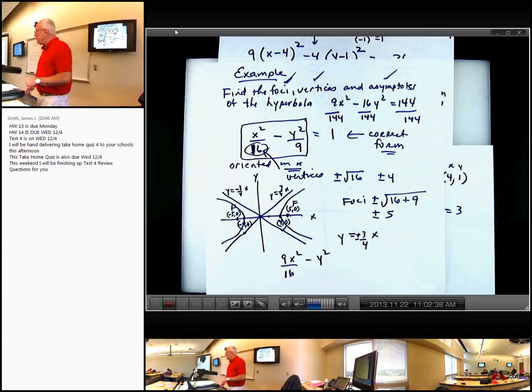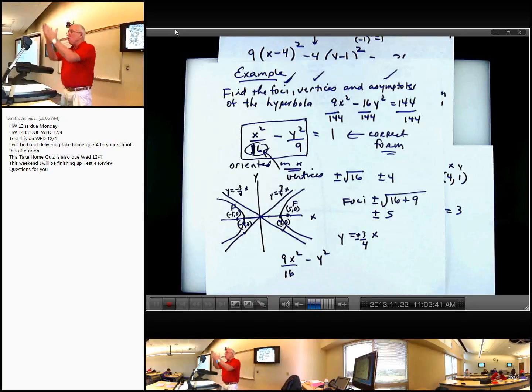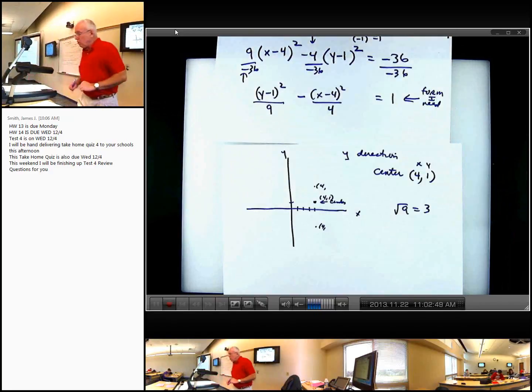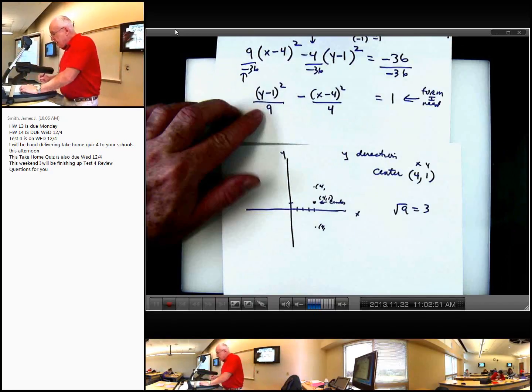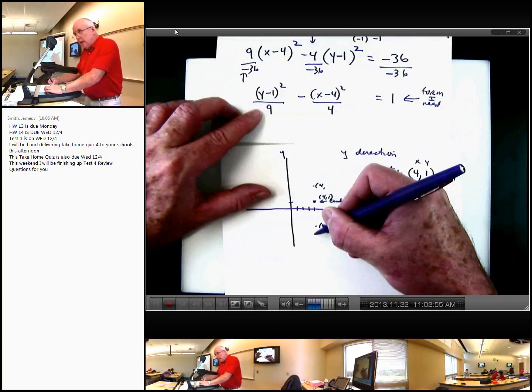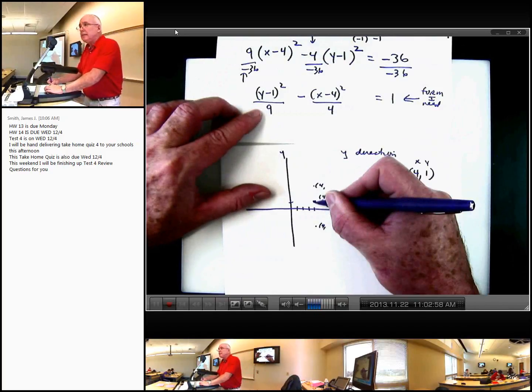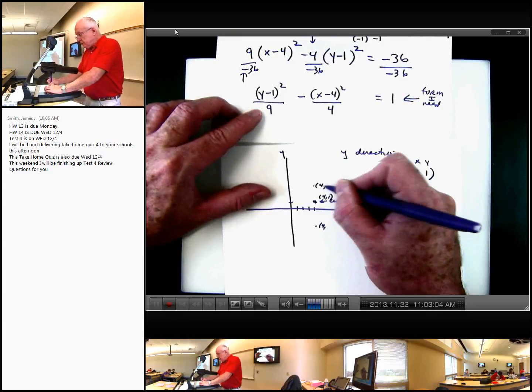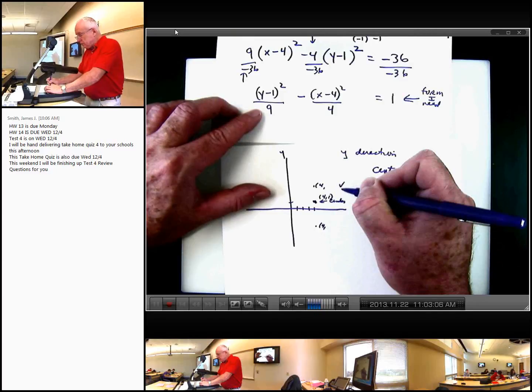So we do the same thing, except we're on a different line now rather than just the regular axes. So, this square root of 9 is 3, so I'm going to go up 3 and also down 3 from my center to get the vertices. So if this is 4, 1, this up here for this vertex is going to be what?